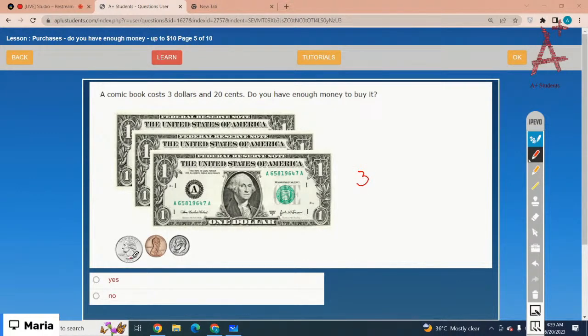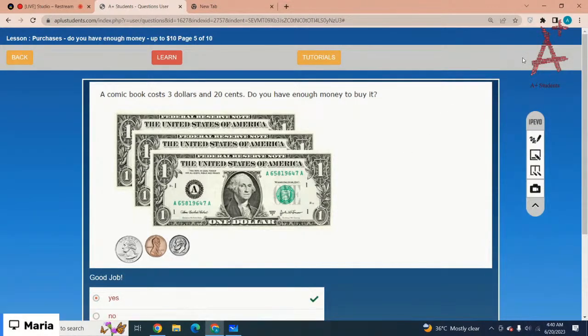You can count the quarter by 25, the nickel by 5, and the dime by 10. So it would be 3.25, plus 10 is 35, and 1 makes 36. That means the total amount is 3.36. You need 3.20 to buy the comic book. That means yes, you can make this purchase. Got it? The given money is enough. The correct option is yes.